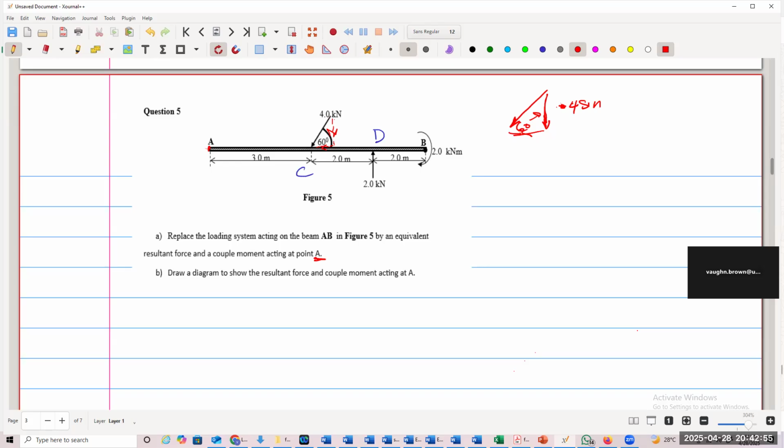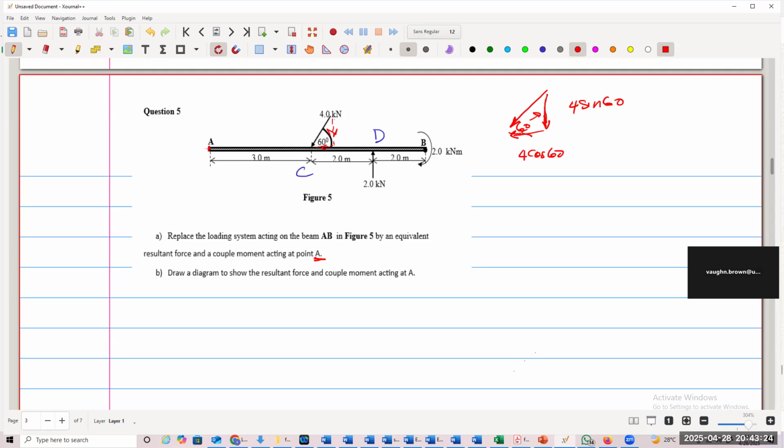Remember, it's not just 4. It's coming down, so you don't have to put any sign there, since you see the arrow pointing down and you don't want to double up on your signs. The other one is also negative, and it is 4 cos 60, in the x. Those are the two components of the force.